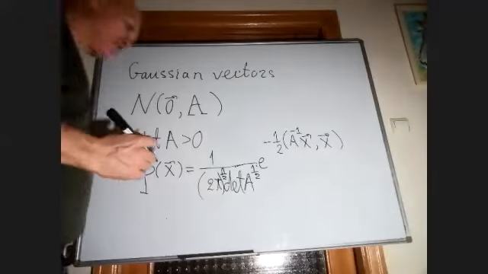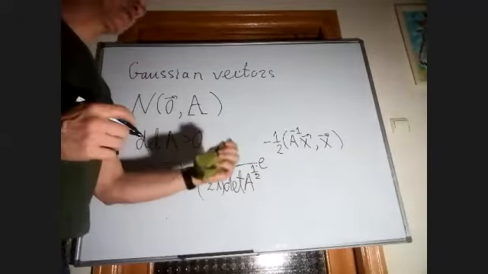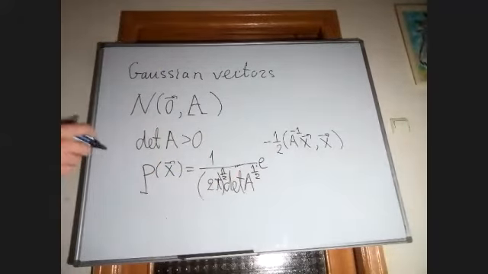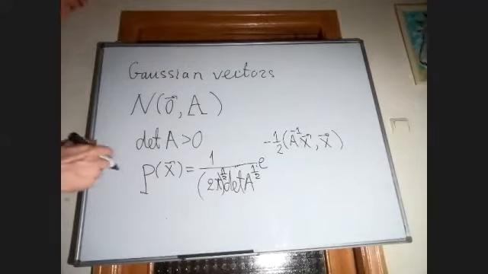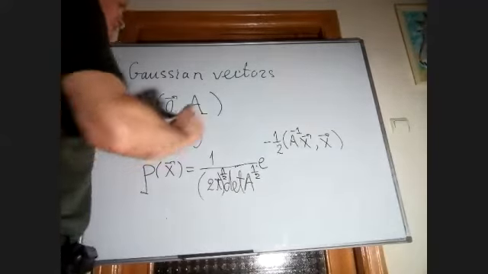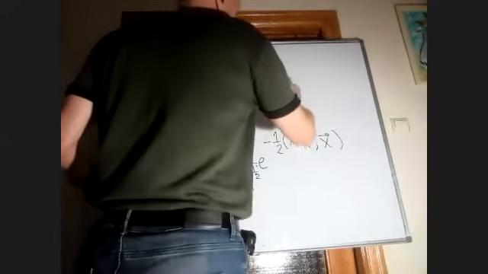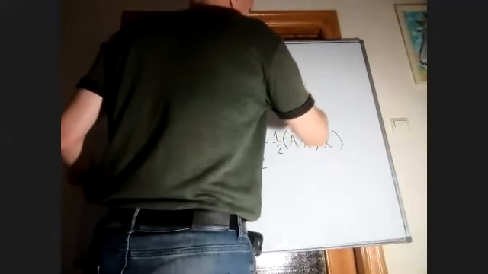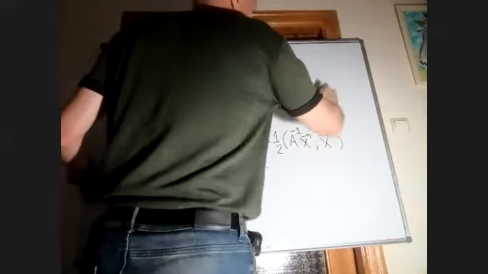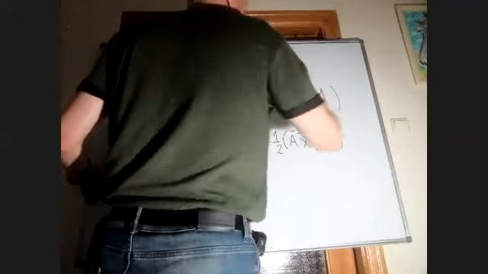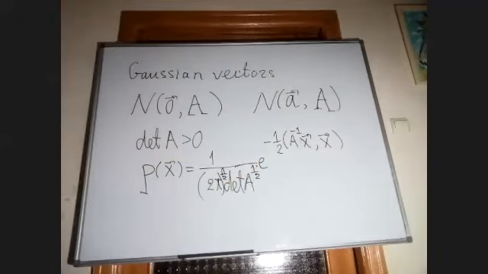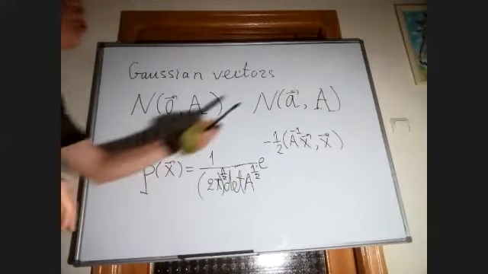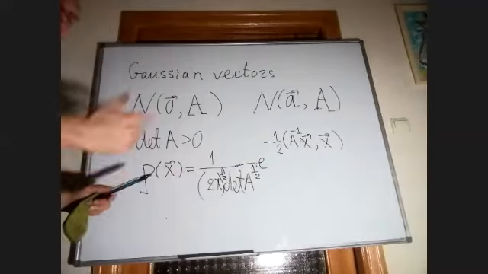Now let us shift this vector by a fixed vector A. So let us consider a new vector with the same matrix, but a new mean A. What will change?